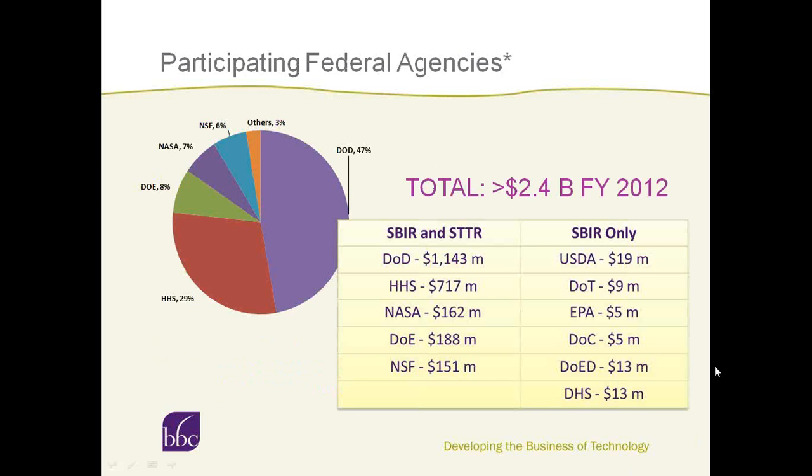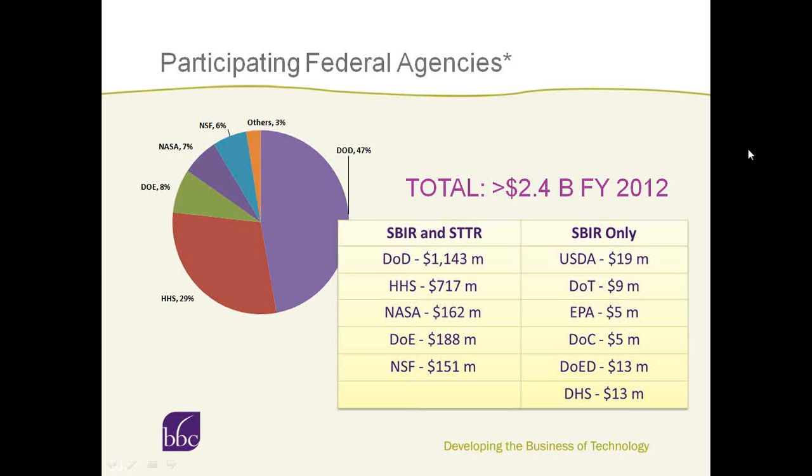So here's a quick overview of the 11 agencies that we mentioned. Those on the left side of the panel here, the top 5, basically the big 5, have both SBIR and STTR programs. DoD is by far the largest with about half of the total SBIR funding of $2+ billion a year.